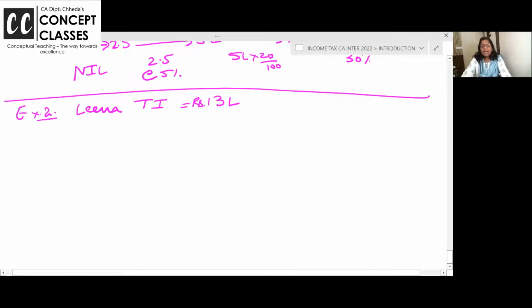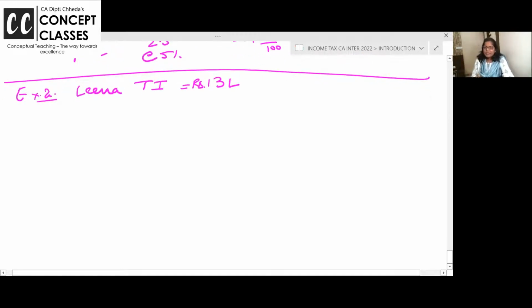Concept पढ़ रहे हैं. And are we allowed to use this calculator? Yes. So don't bother कि मैम 13,25,000 10 है तो क्या? Rounding off of tax income, I will teach you. The concept समझो. So together we are doing this, dear student. Leena's total income is 13 lakhs.